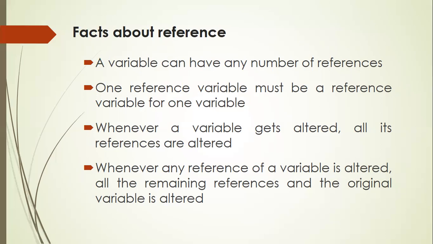One variable can have any number of references, but one reference variable must be the reference variable for only one variable. Since the variable and all its references point to the same memory location, if the value of the original variable gets altered, the value of all its reference variables also gets altered. At the same time, if the value of one reference variable is altered, the original variable and all the remaining reference variables also get altered.